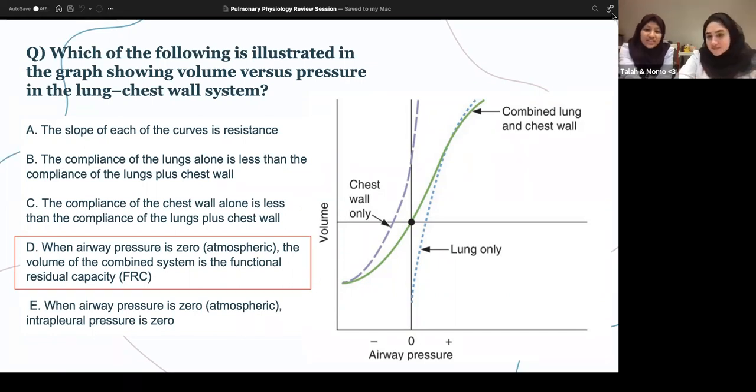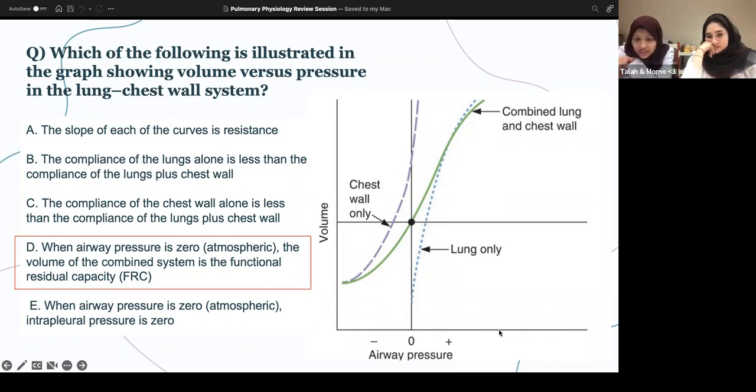The whole way to understand this is the lung trying to collapse inwards and the chest wall trying to expand, and there's a balance between these two, and that balance would be this point. The rest of the options are wrong because slope is not resistance, it's compliance. Whenever you have volume over pressure, that's compliance.